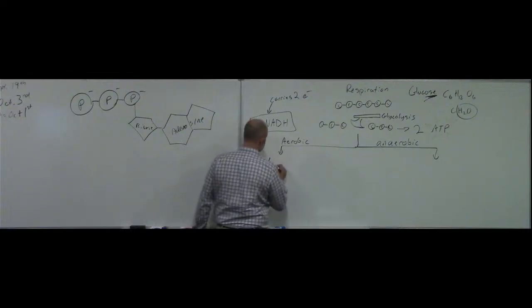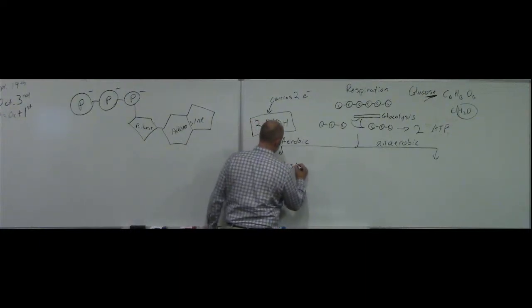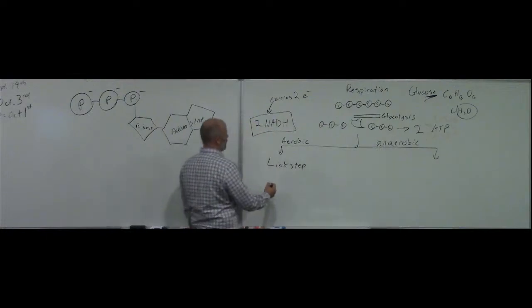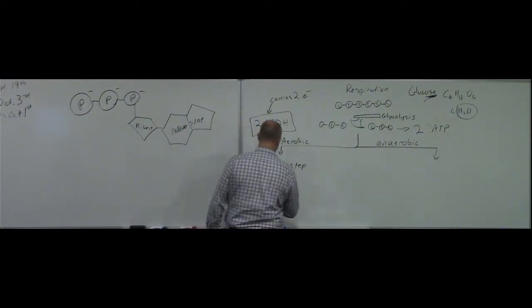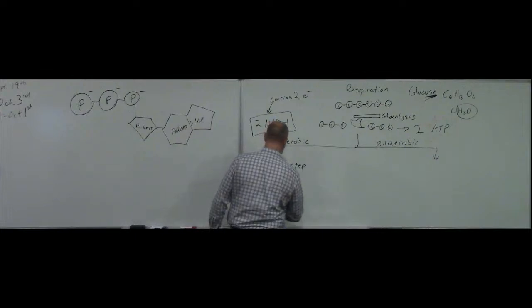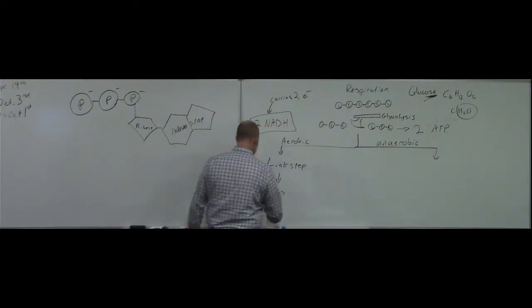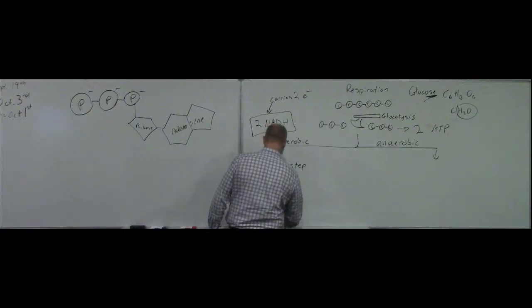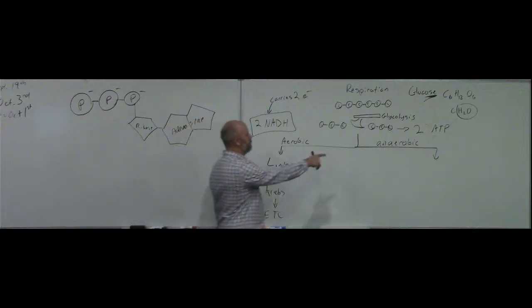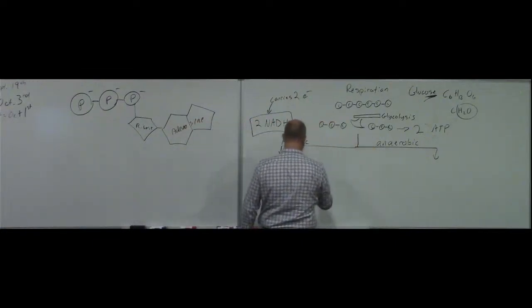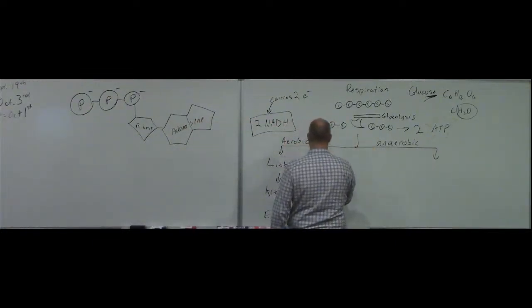I'm going to go through this link step, and then I'm going to go through Krebs, and then I'm going to go through electron transport chain. Okay. In my link step, my 2 pyruvates get converted into acetyl coenzyme A.